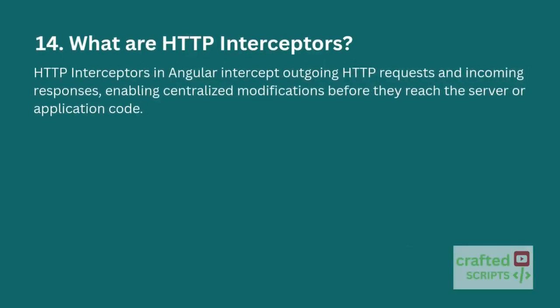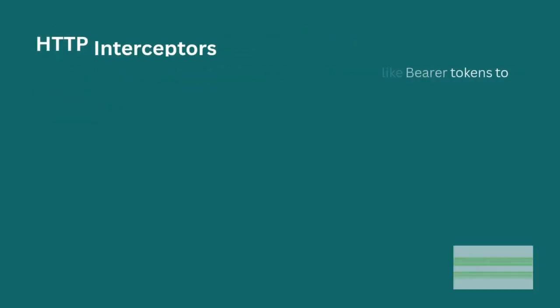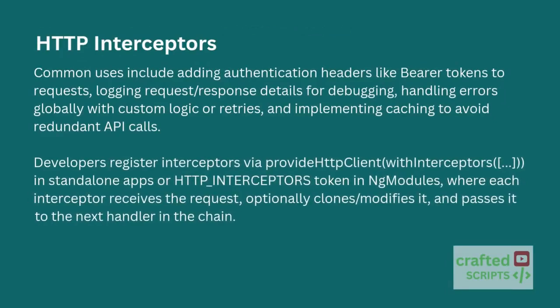Question number 14. What are HTTP interceptors? HTTP interceptors in Angular intercept outgoing HTTP requests and incoming responses, enabling centralized modifications before they reach the server or application code. Common uses include adding authentication headers like bearer tokens to requests, logging request and response details for debugging, handling errors globally with custom logic or retries, and implementing caching to avoid redundant API calls.